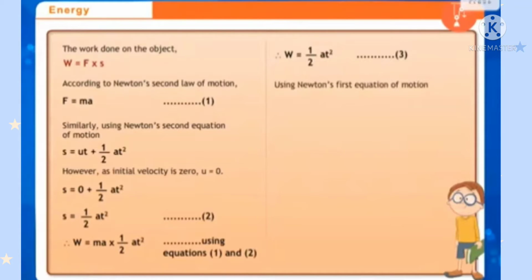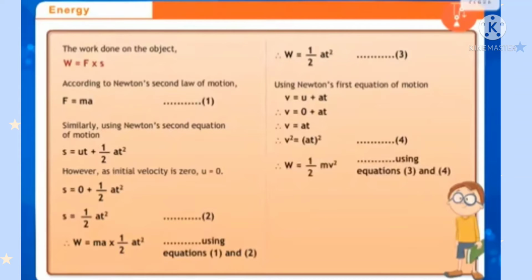Now, using Newton's first equation of motion, v is equal to u plus at. So, therefore, v is equal to 0 plus at. We get v is equal to at. So we can write this v square is equal to at the whole square. This is our equation number 4.